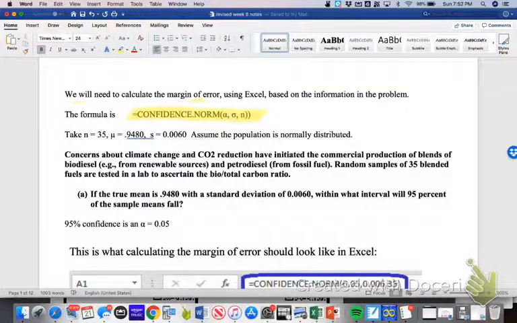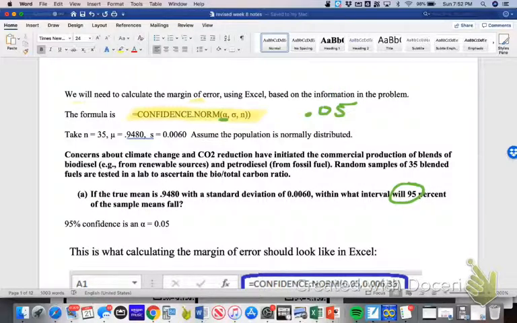So the first thing we need is our alpha level. In the case of my particular example here, our alpha level is going to be 0.05. And again, I got that because a 95% level of confidence means I'll have a 5% level of uncertainty.